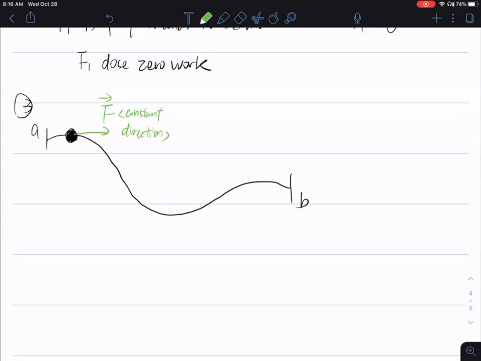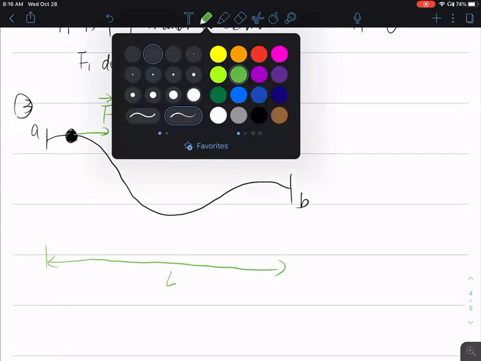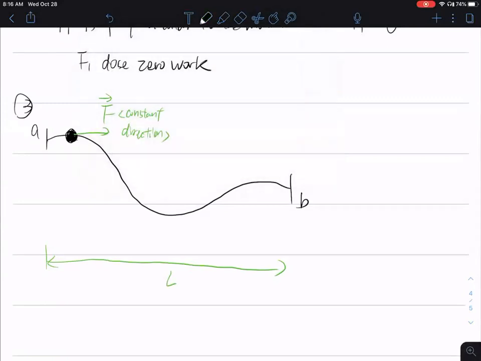It doesn't change. And we know the direct length from A to B is L. If you calculate the curve, the curve distance from A to B is SAB.